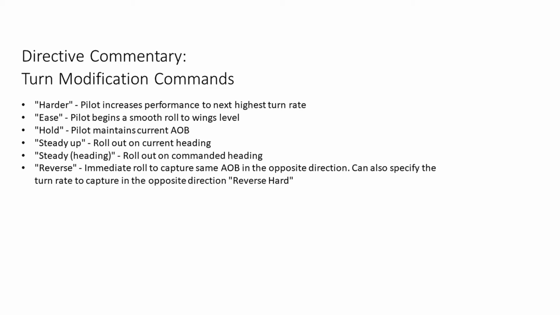Steady heading: you'd give a heading in that case, and the pilot rolls out to the commanded heading. Reverse: immediately roll to capture the same angle of bank in the opposite direction. So if you're going 15 degrees in one direction and they say reverse, go 15 degrees the other direction. You can also specify the turn rate to capture in the opposite direction, so if you wanted to reverse hard, you'd say reverse hard.